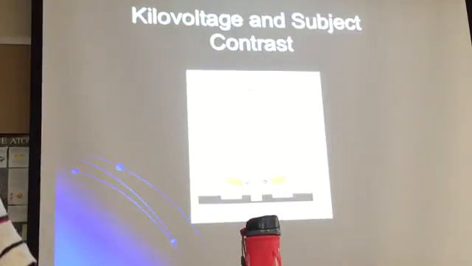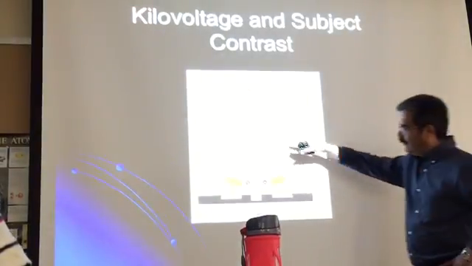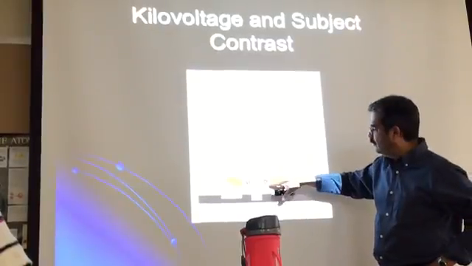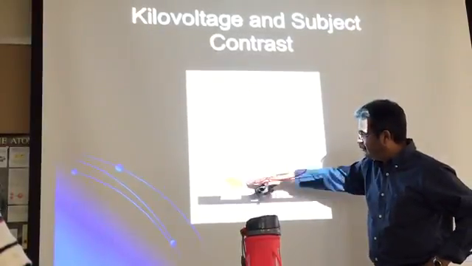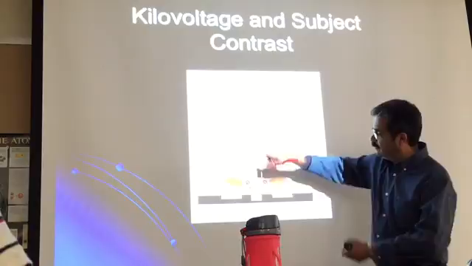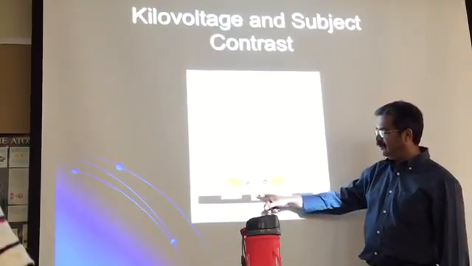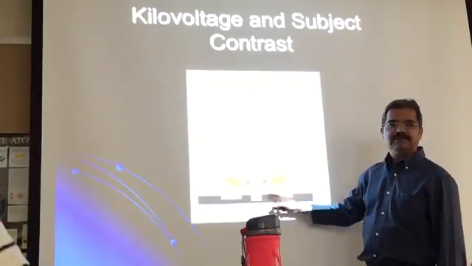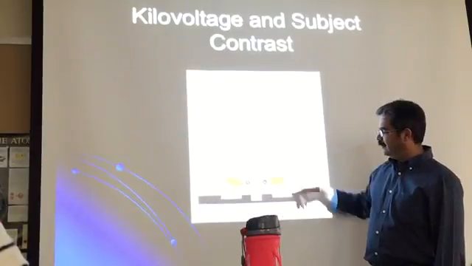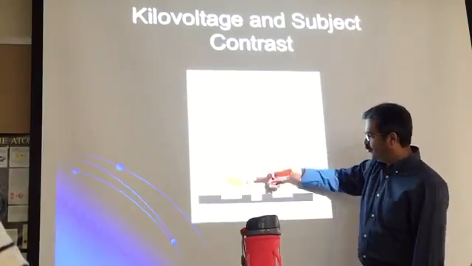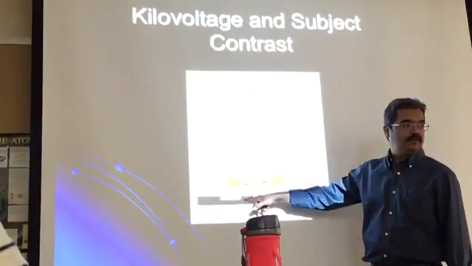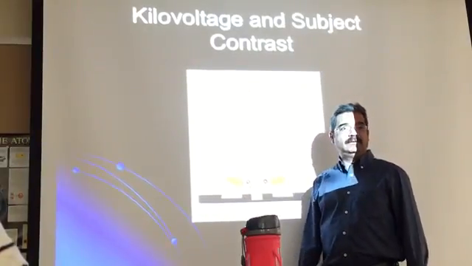So this is what we have, kilovoltage and contrast. We have the photons, and some of them are going to go right through. Some of them are absorbed here. You see, this is absorbed. That's why you have the clear areas, and some of them are scattered. Those are going to be the gray areas. And some of them are going to go right through it. Dark areas. Make sense? Good.